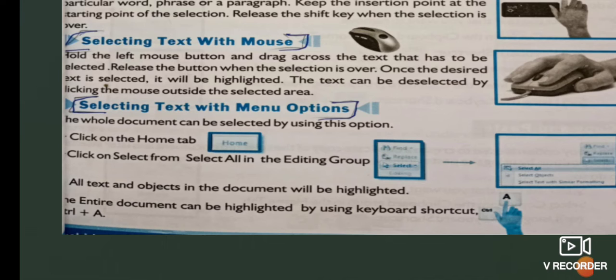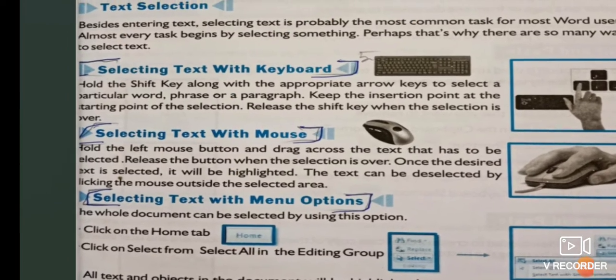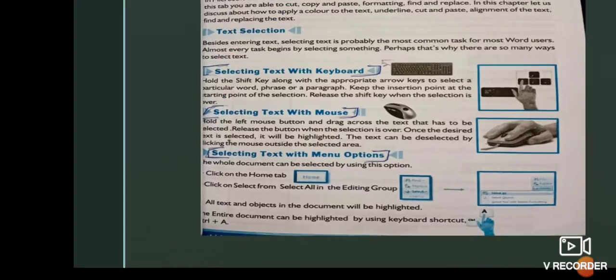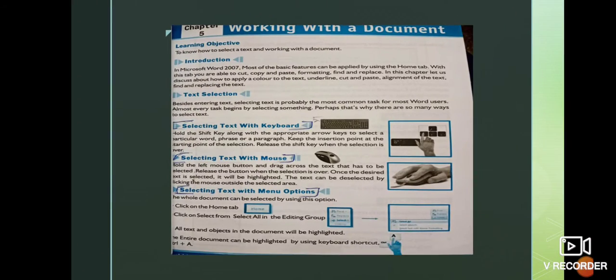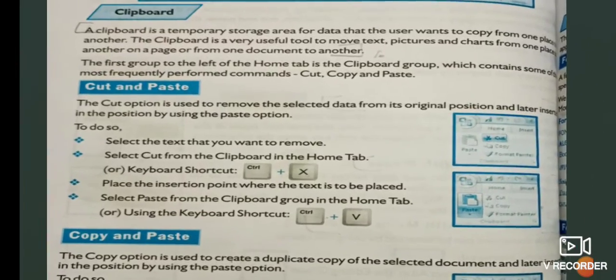If you want to highlight the entire document, you press the shortcut key Control plus A. You can see the picture here. You have to hold Control as well as A together to select the entire content of the document. So these are the ways you can select the text: using keyboard, using mouse, as well as the menu option.